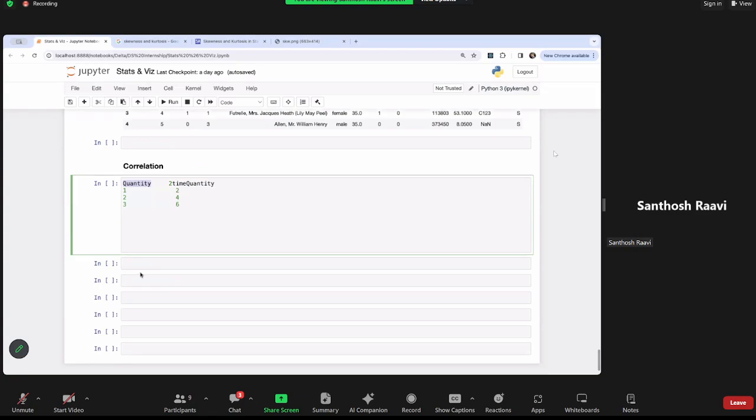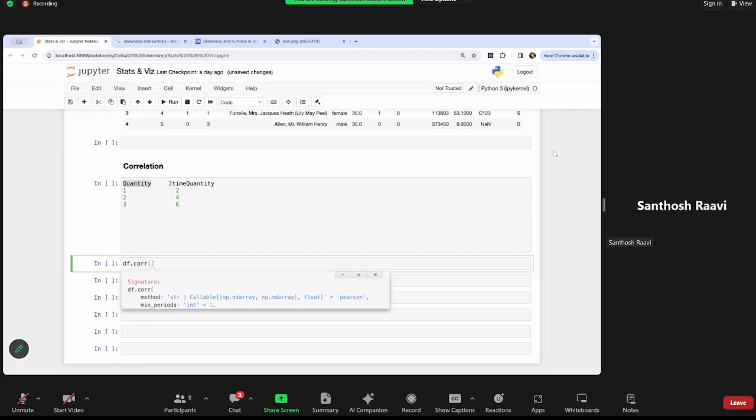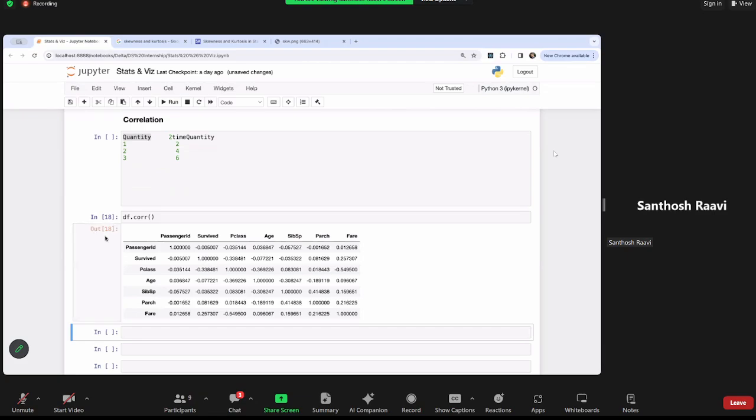So how will you find that correlation? Simple: dataframe dot corr, run. Okay, see, passenger id with itself is highly correlated, because they are the same column. If you compare passenger id with survived, it's completely different, a very low value.